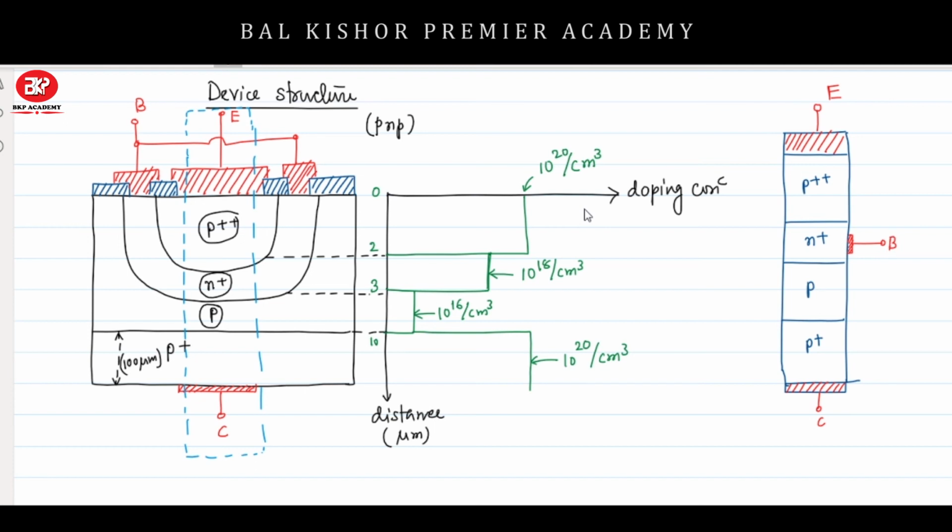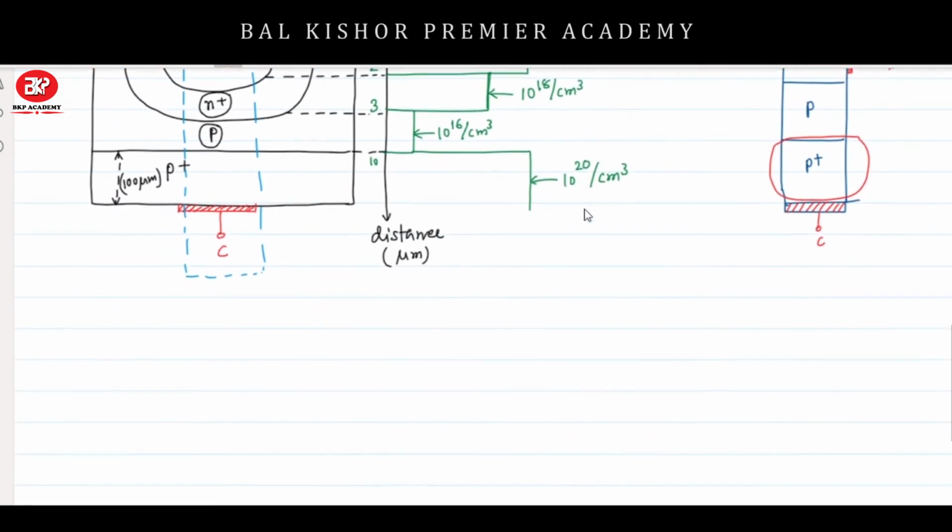Now, for analysis purpose, to make the simple structure of the BJT, we will neglect this region. So if we neglect this region, then our structure will look like this.